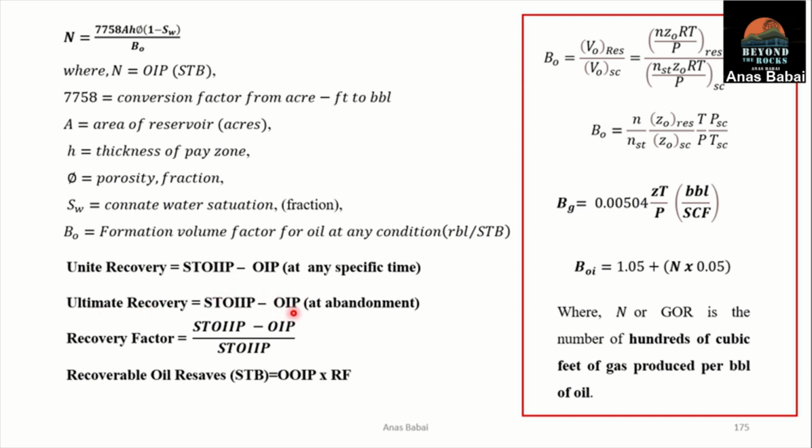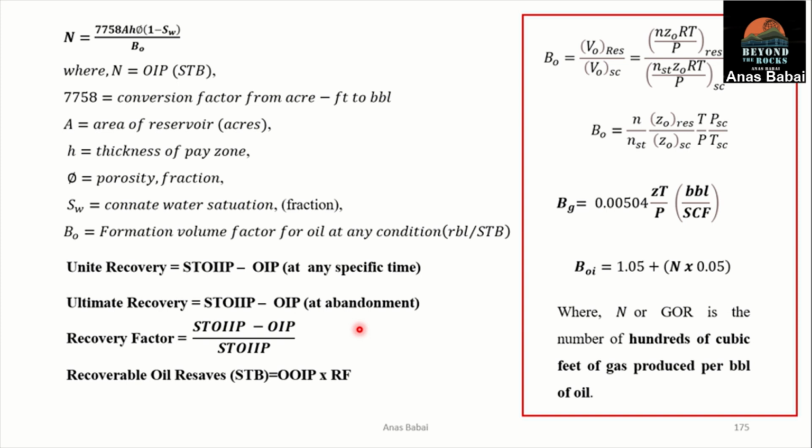The only difference is that here the oil in place is calculated at the abandonment, which is the last production stage, or the last possible time for production, or the last possible pressure for production. So when we reach this stage, the abandonment, we are no longer able to produce from this reservoir.